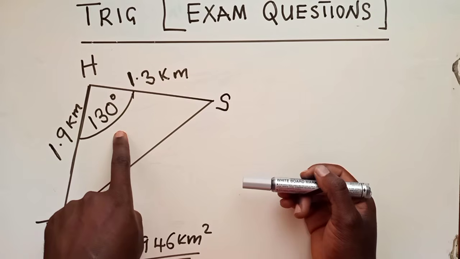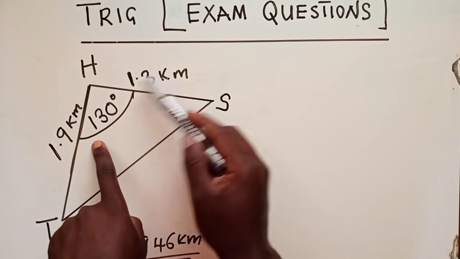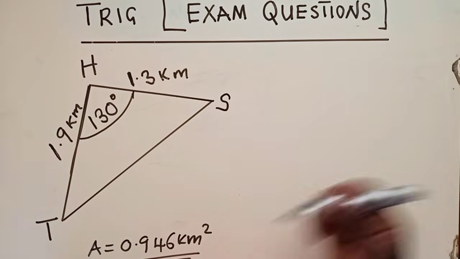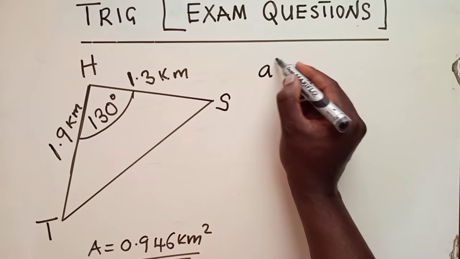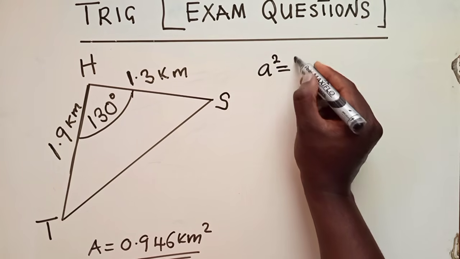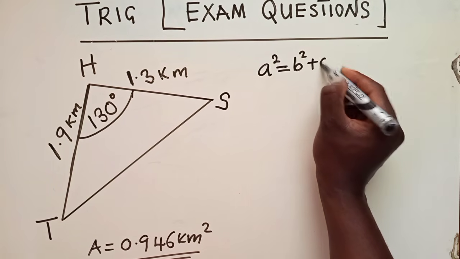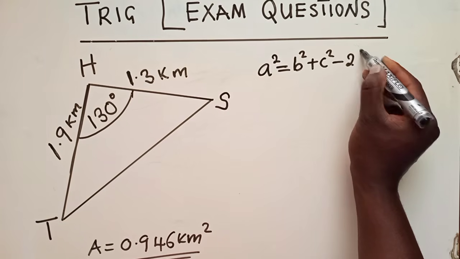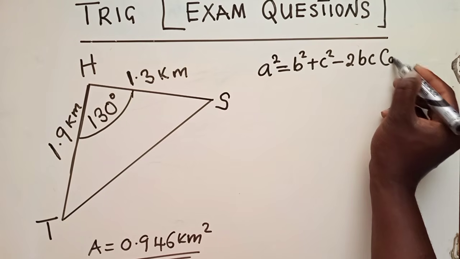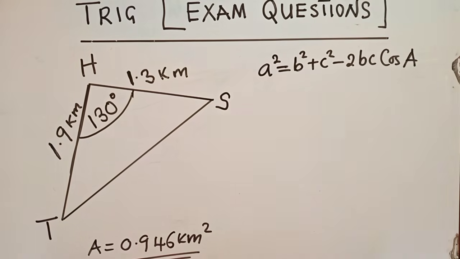This angle is included. We have an angle here and the sides. So the formula for cosine rule, it's right here. This is the formula.